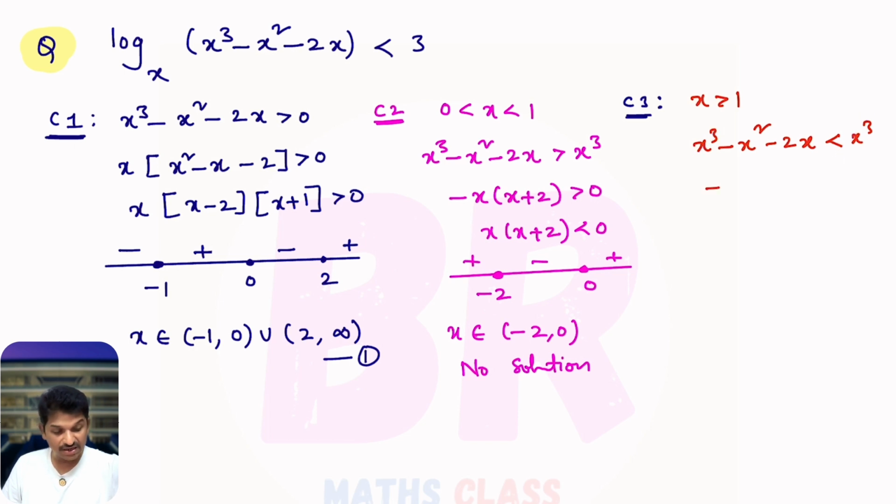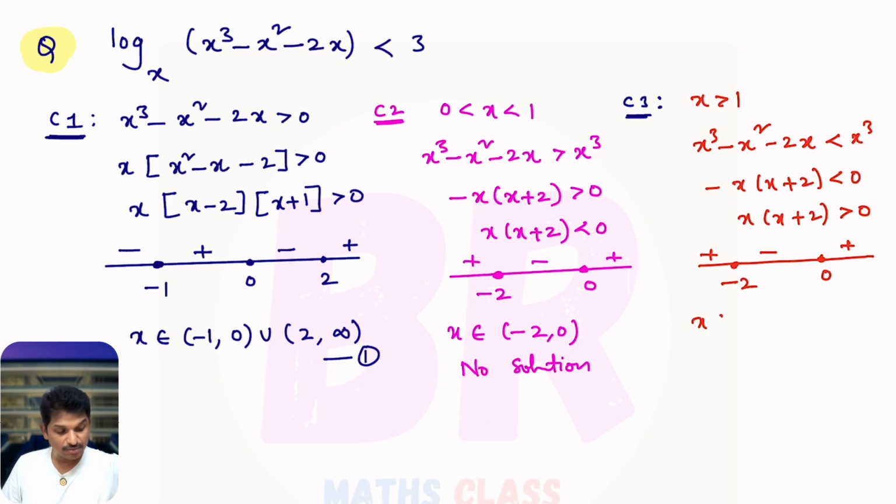Okay. Solve it. These terms will get cancelled. What will you get? Minus x square minus x, you take common, x plus 2 is less than 0. Multiply with minus, x into x plus 2 is greater than 0. You check, one is minus 2, another one is 0 as per the wavy curve method, plus minus plus. Here greater than 0 means positive sign.